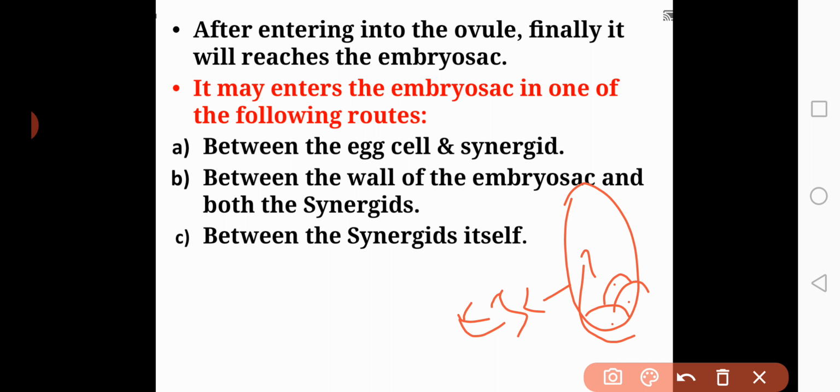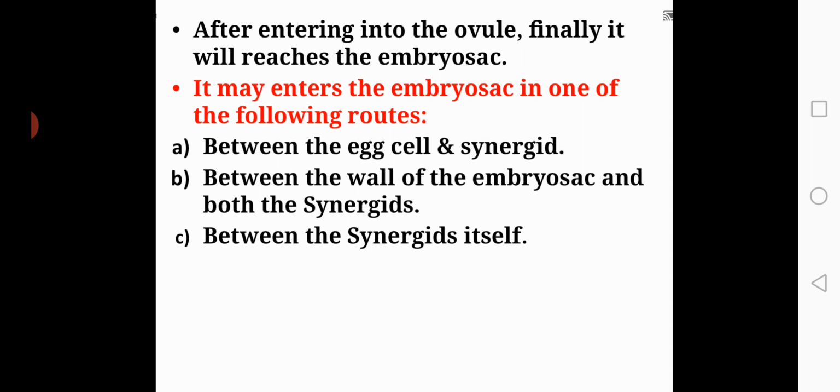Okay, so after entering into the ovule, the pollen tube will reach the embryo sac. The entry may be by one of the following routes: between the egg cell and the synergid, between the wall of the embryo sac and the synergids, and through the synergids itself. Clear?